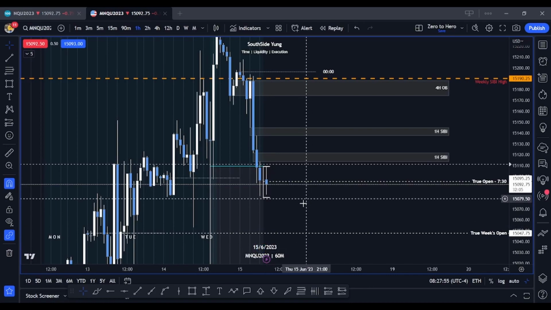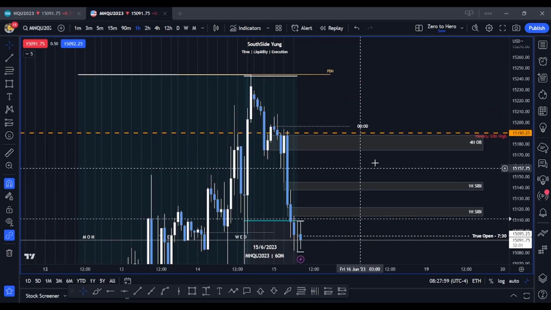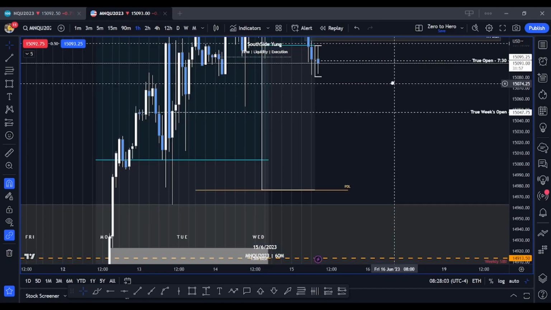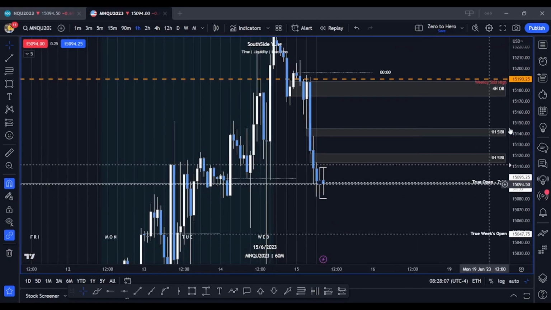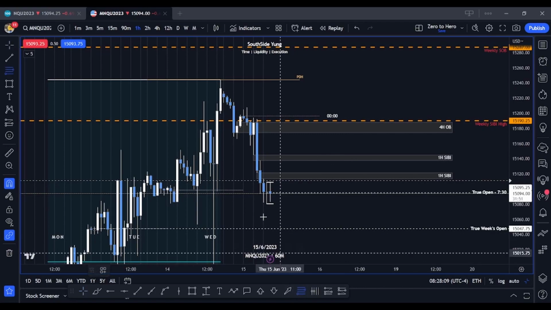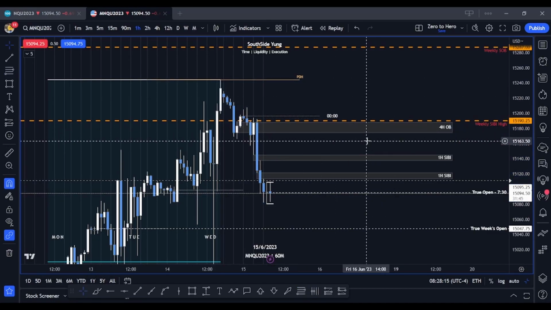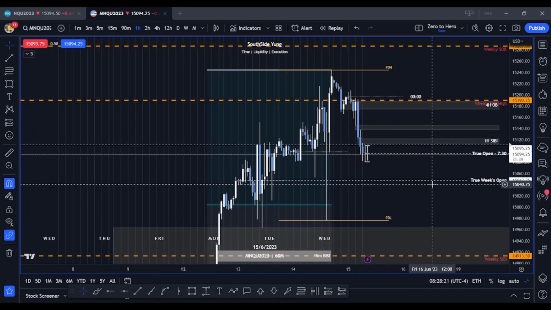So I would probably like to see more of a retracement up into the order block, because that would put us in the premium of the downswing. Something like this, the intraday profile right here, with the 4 hour order block up here. I would much rather see something like that as the OTE to continue this move.